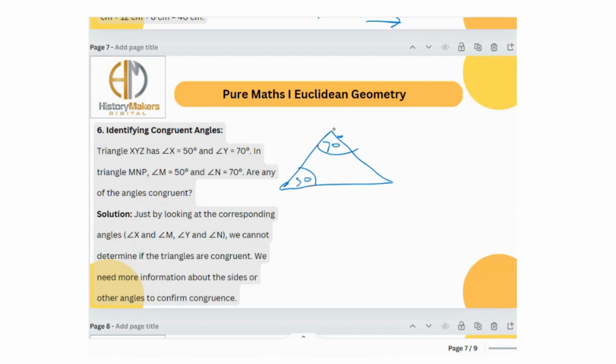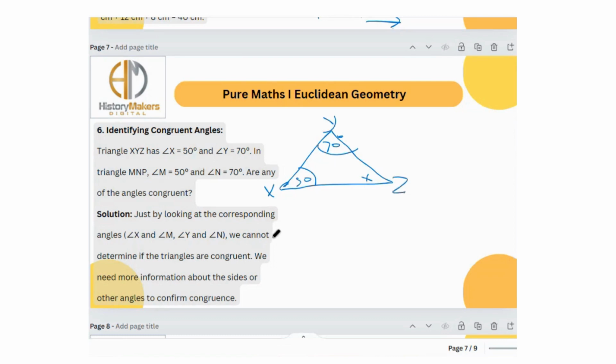And then this one is not given, and then X is 50. So let's put it here. And then Y is where 70 is. So this is Y, and then this is Z.